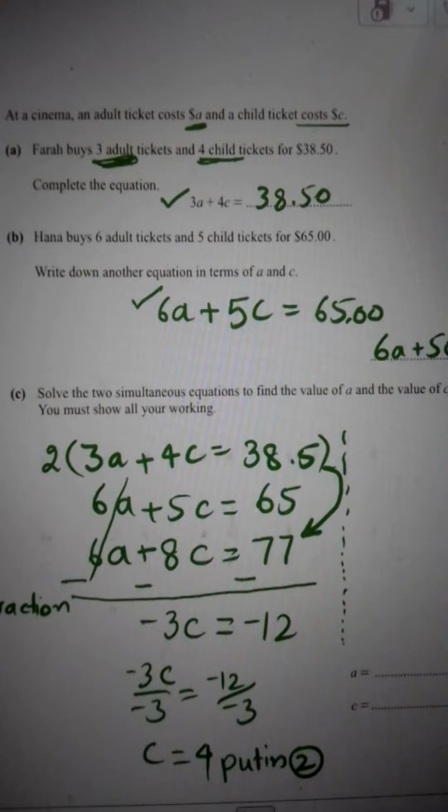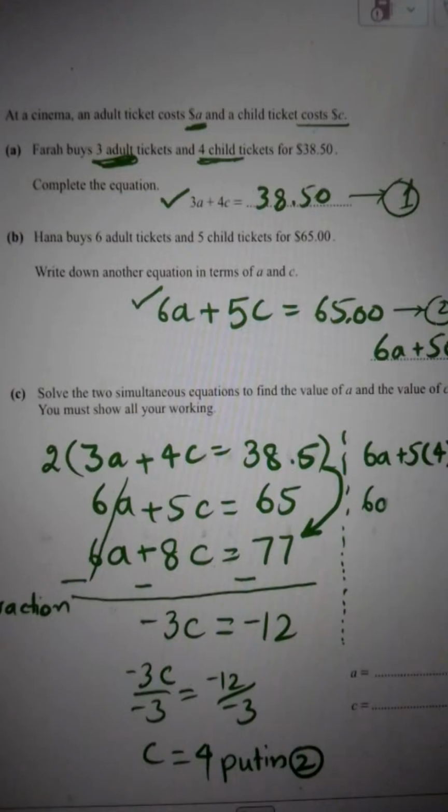So the second equation, 6a plus 5c, with c equal to 4, is equal to 65.